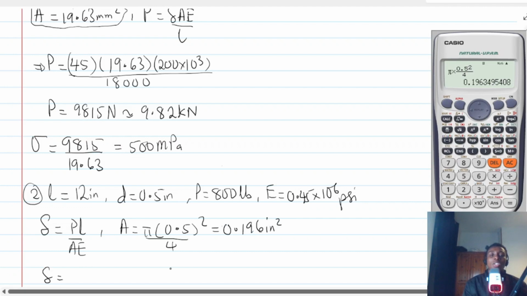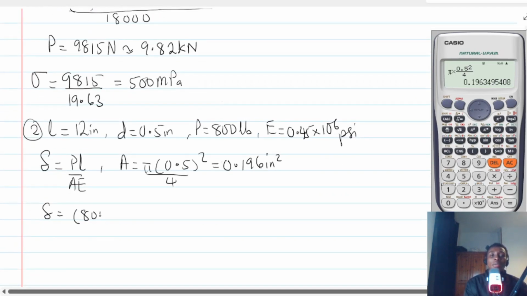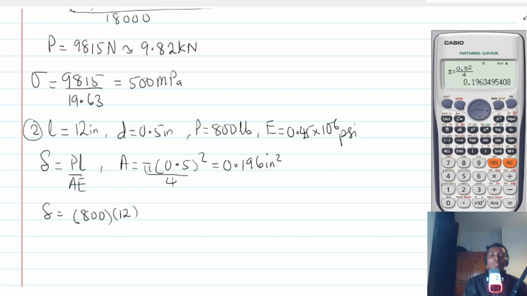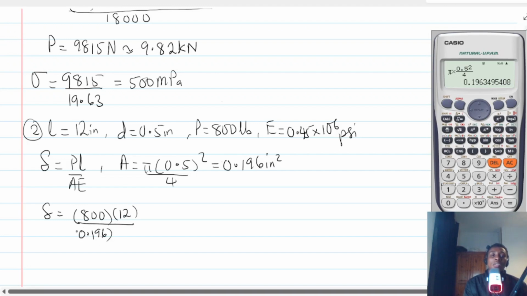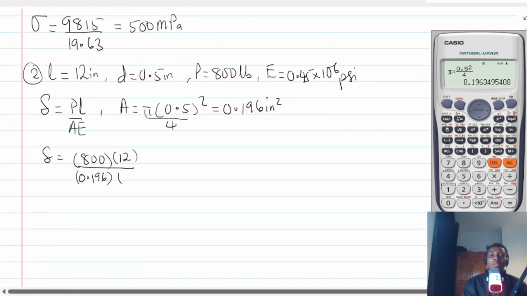Therefore, our elongation will be P, which is 800, multiplied by L, which is 12, divided by the area, which is 0.196, multiplied by E, which is 0.45 times 10 to the power 6.